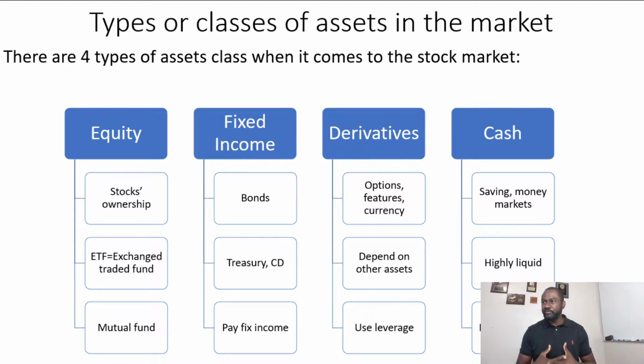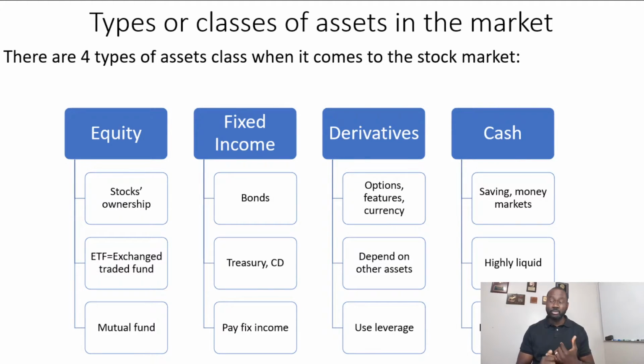The second type of asset is fixed income. Fixed income assets pay you an interest rate that is already determined, predetermined. If you buy company bonds, state bonds, or treasury bonds, those are assets that pay you a fixed interest rate.